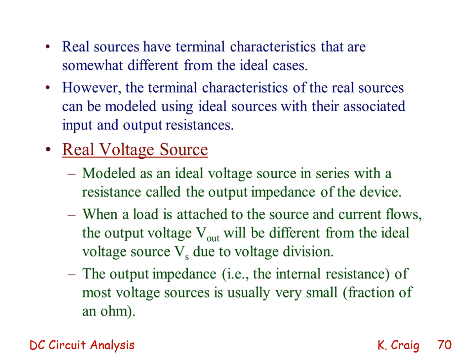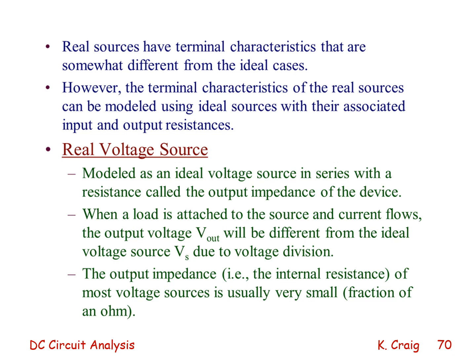Real sources have terminal characteristics that are somewhat different from the ideal cases, as we have learned. However, the terminal characteristics of the real sources can be modeled using ideal sources with their associated input and output resistances, as we have also learned. So to review, a real voltage source is modeled as an ideal voltage source in series with a resistance called the output impedance of the device.